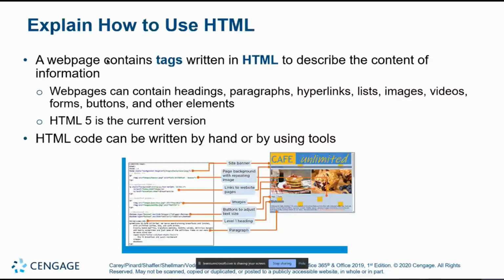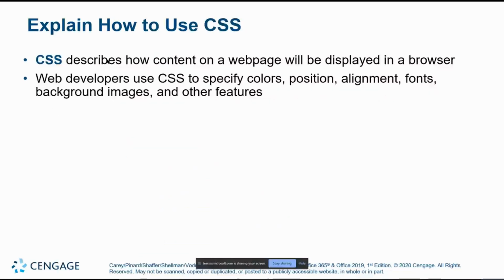Next up is CSS. CSS3 is our current version, and this is the Cascade style sheet. Defines how your content looks on the web page. You could define things like color, margins, where something is placed. Is it fixed to the top of the screen or the bottom of the screen?